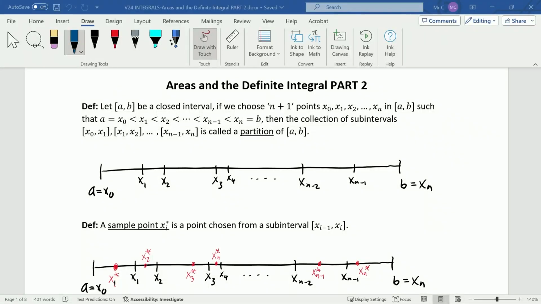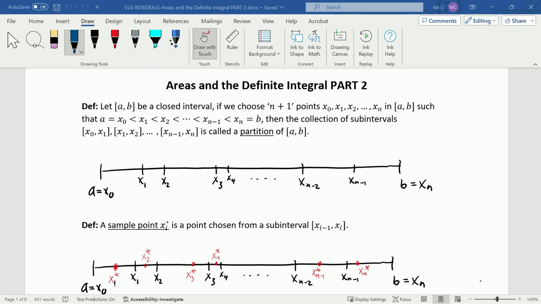Hello everybody and welcome to our video on areas in the definite integral, part 2. So in the last video we had talked about how we were using areas under curves to evaluate integrals, and then we extended that to approximating the net area under a curve by using rectangles to approximate the areas of each subinterval.